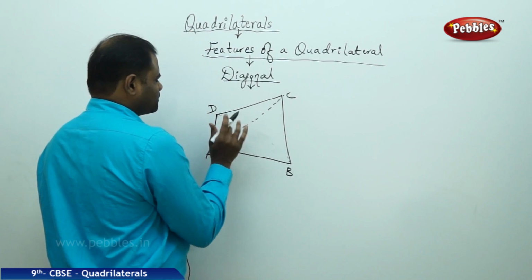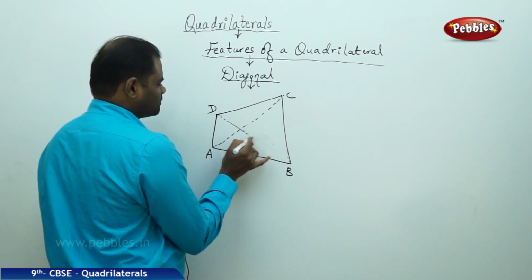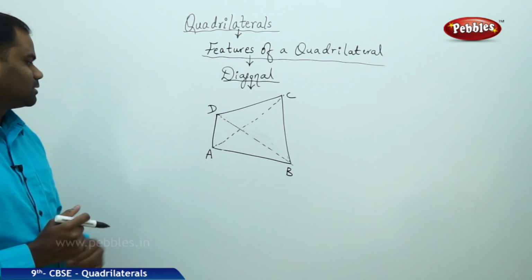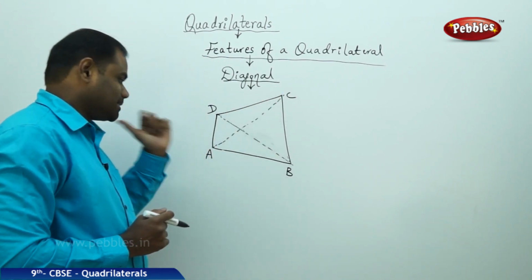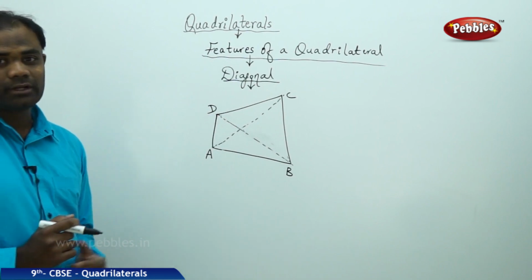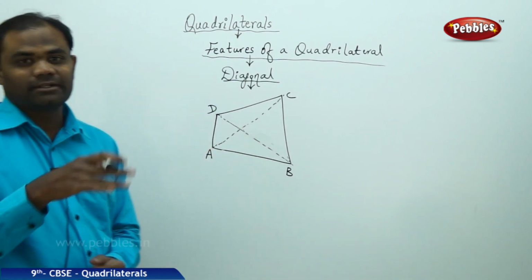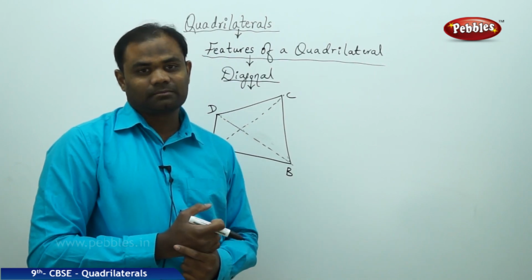And let me join this. I clearly see that the alternate points A and C and B and D are joined. I get a different kind of region, the cross lines which form the diagonals.